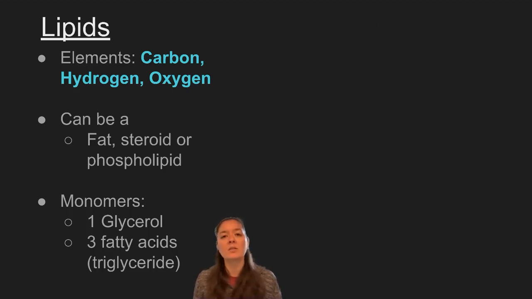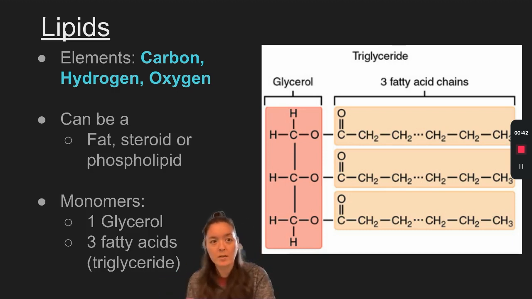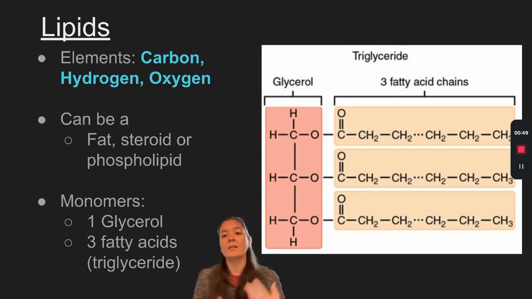Now, the monomers of lipids. There are two different pieces to a lipid, and they need to come together to form a lipid macromolecule. So unlike our carbs, where we have the same repeating sugar over and over and over again, for our lipids, we need two different pieces. We need one glycerol and some fatty acids that attach.